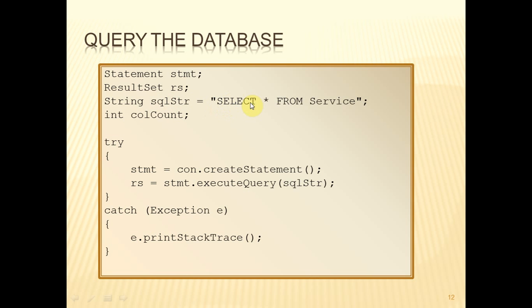The string contents is the SQL statement that you want. But please note, there is no semicolon at the end of the string, though we are using a semicolon, of course, to terminate the Java statement. So this is going to select every piece of data from the table called service.